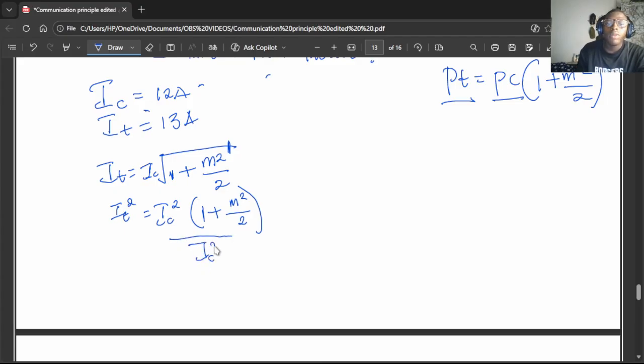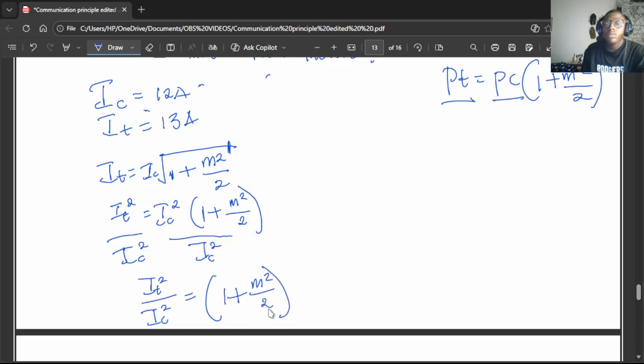If you do that, you have IT square divided by IC square equal to 1 plus M square over 2, right? Now remember, what are we looking for? Your M square. That's our interest.